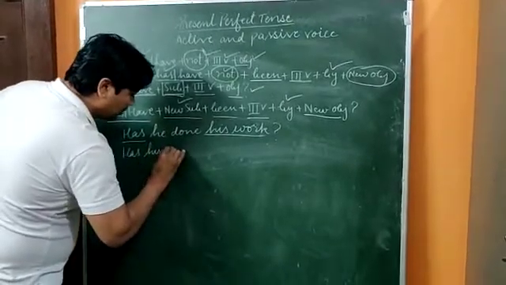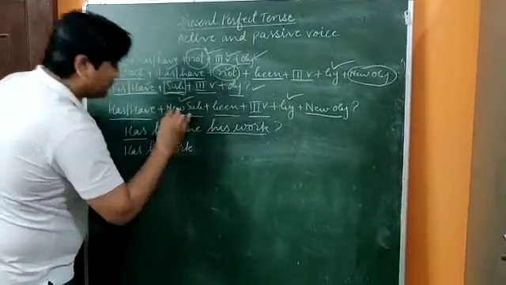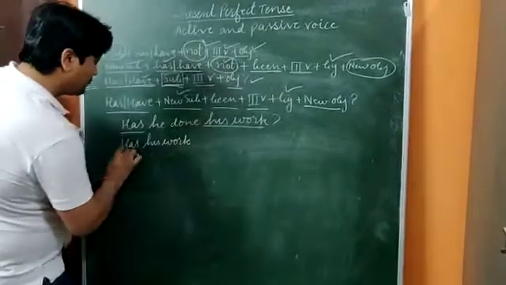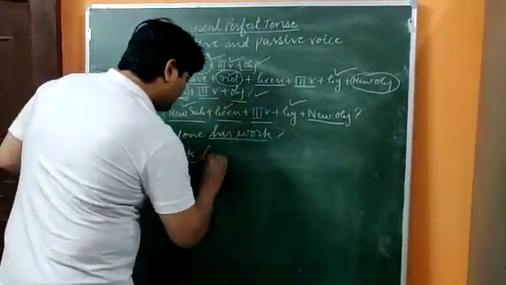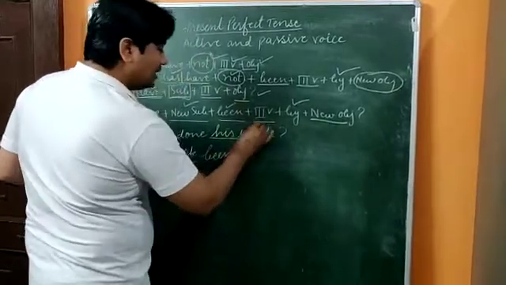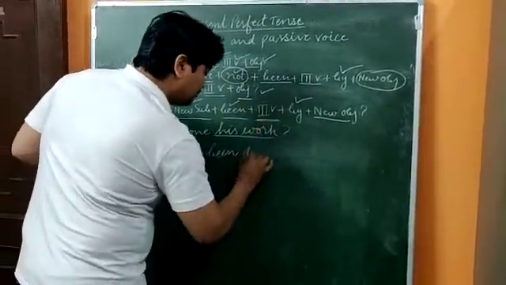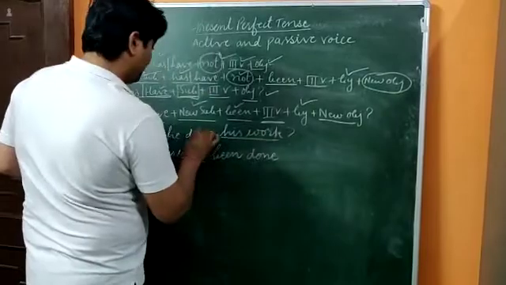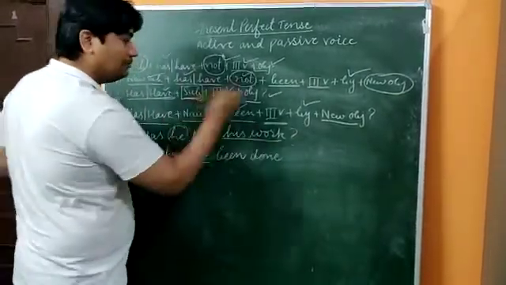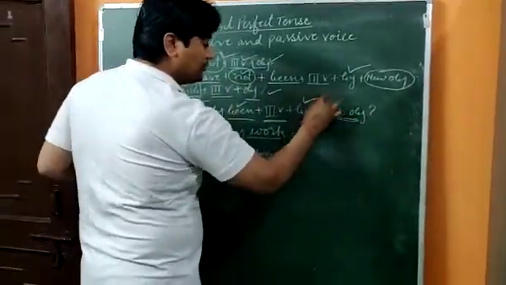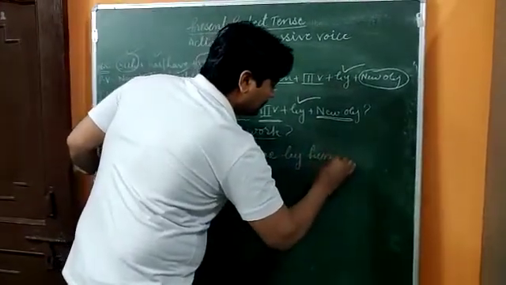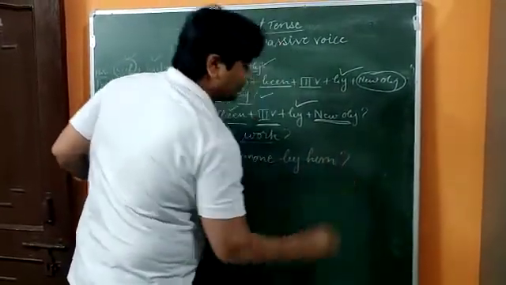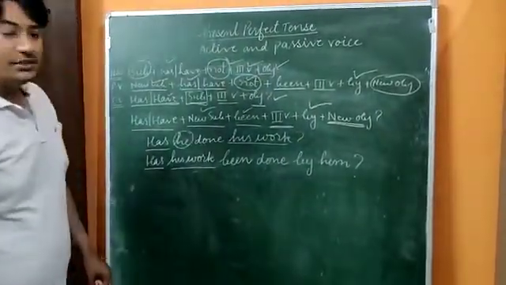Has his work. Next step is, we have used helping verb, we have used new subject, then been, then third form of verb, and then the subject will become new object, but before we are to use by. He will change into him. Mark of interrogation. Right, students?